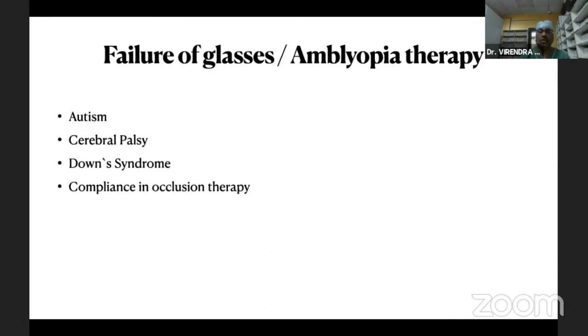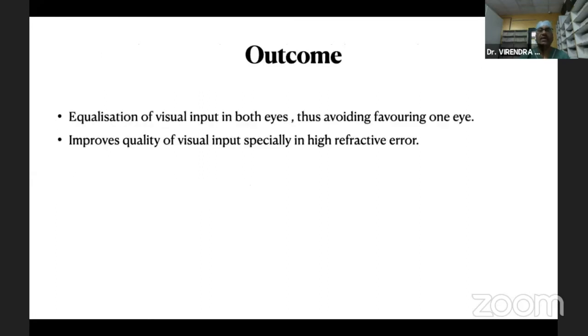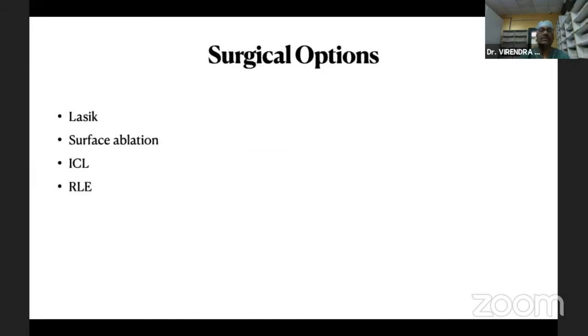But we know that giving equal chance to both eyes in early age makes the difference. That is why sometimes you resort to refractive surgery correction, because our aim is equalization of visual input in both eyes, thus avoiding favoring one eye for development and preventing the other eye from developing. Just improving the quality of visual input significantly in one or both eyes, wherever required, will make a big difference.